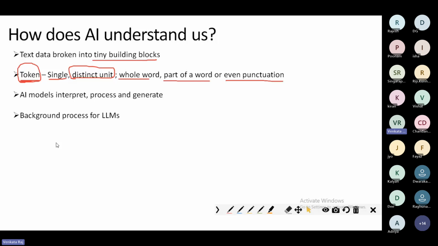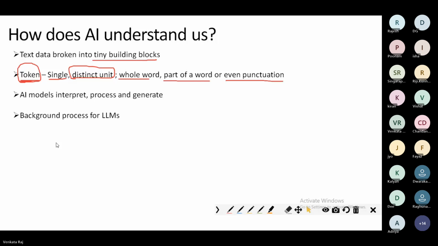Now, as a user, we are not aware of this tokenization, whatever is happening in the background. The developers are responsible to design the LLMs, and they will be responsible for the development and the training phases.